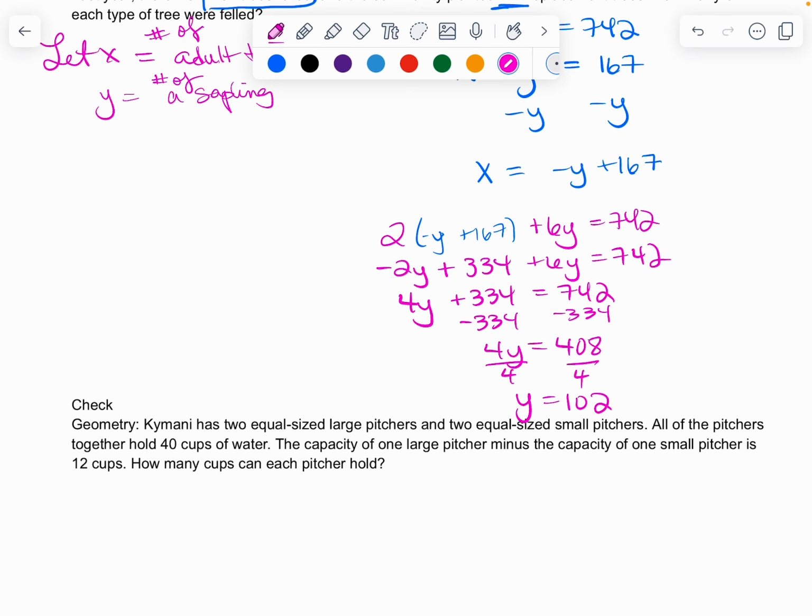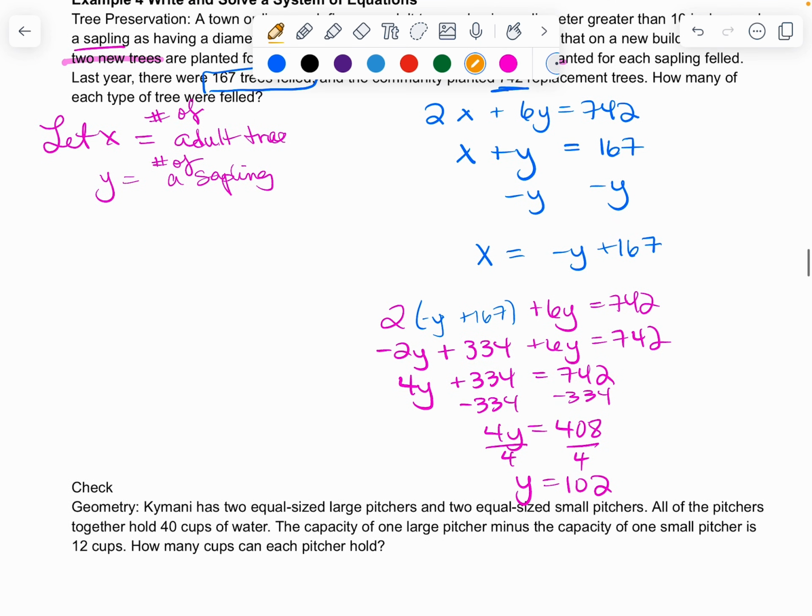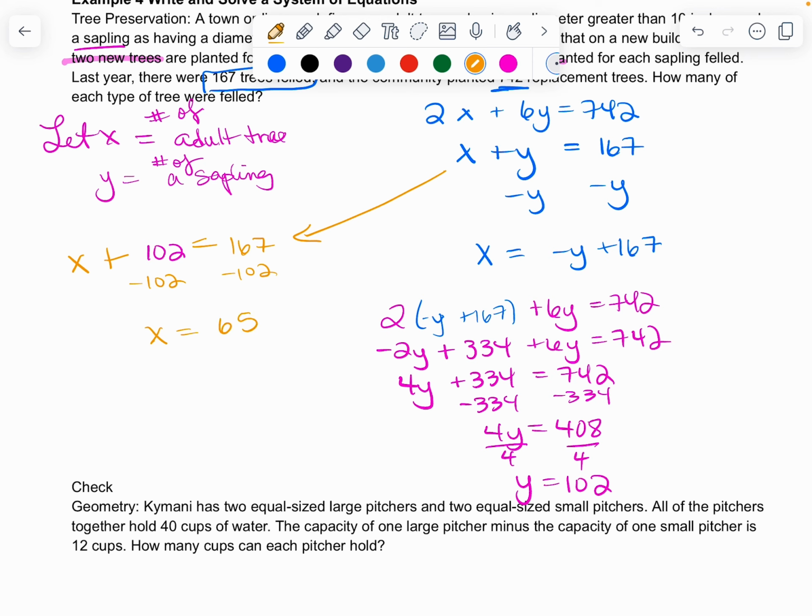Now I'm going to take that. I'm going to plug it back. I'm going to actually plug it back into this equation. So I'm going to get x plus 102 equals 167. Subtract 102. X equals 65. Okay, so then you have to write something.